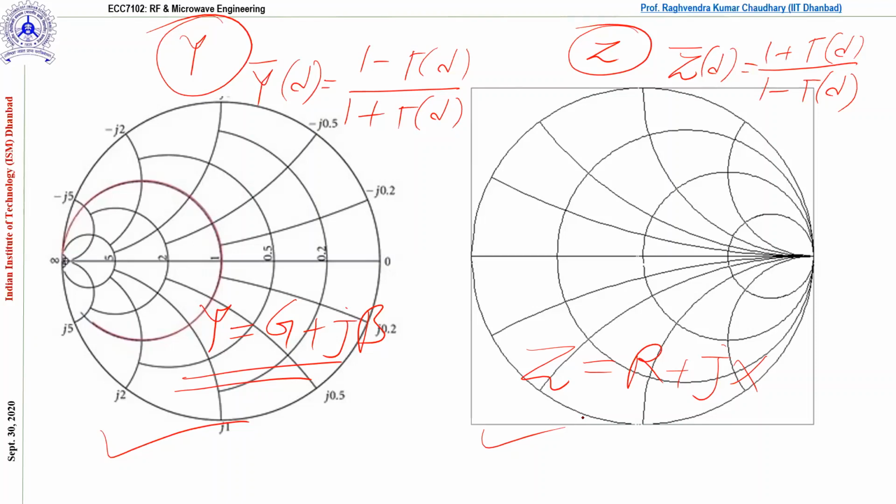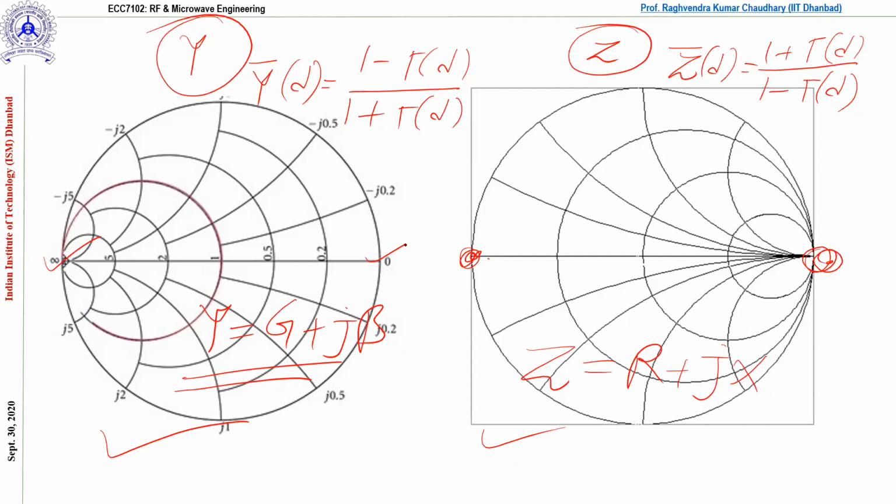Now here the things are a little bit opposite. Here we have the open circuit and there the short circuit. In that case, here this point is a short circuit and this is again an open circuit. Fine. So you can say this is a dual of that.